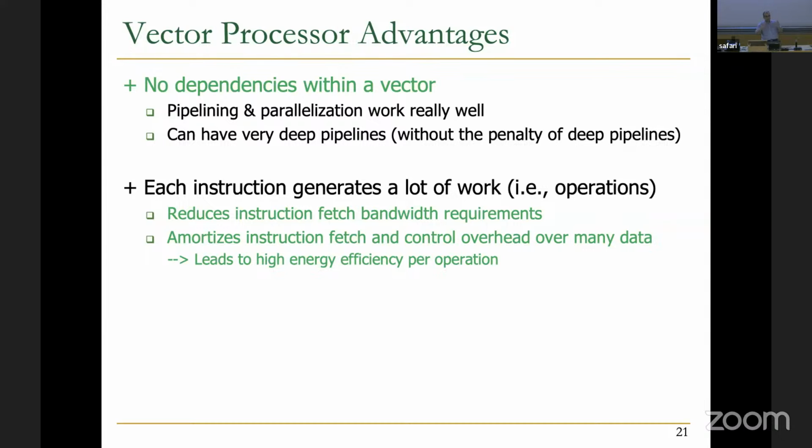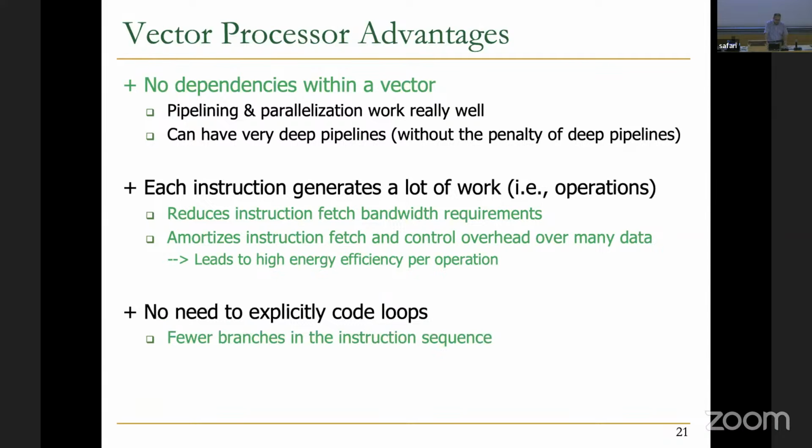But as long as your vector is long enough, you can amortize the fetch overhead and decode overhead on your computation. That's why SIMD processors, like array and vector processors, usually provide high energy efficiency per operation, because you don't need to do this fetch and decode all the time.